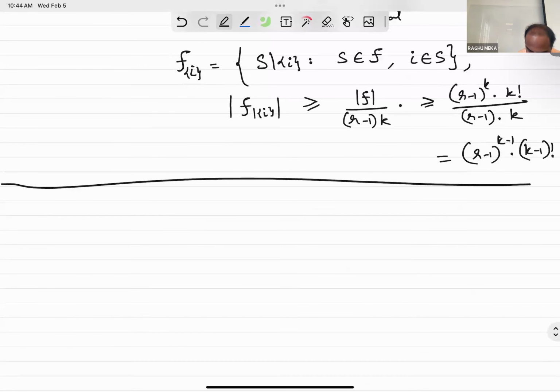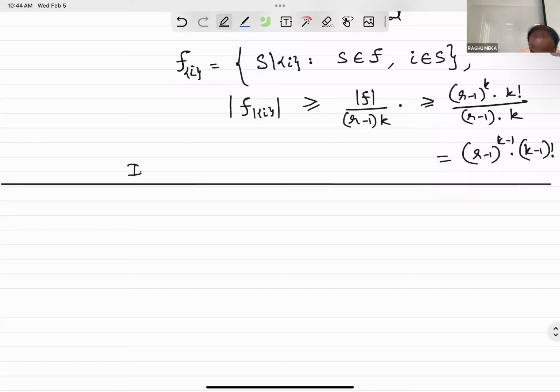Now, that's the basic inductive argument, right? Is there any way that we can potentially make it stronger? What we did here was identify one element and said, look at all the things which contain this one element.